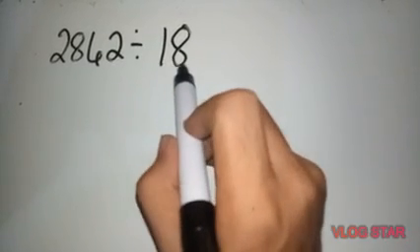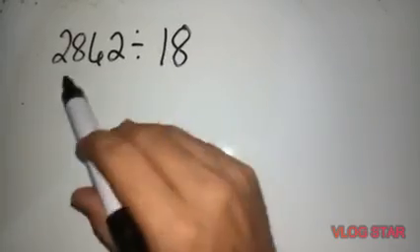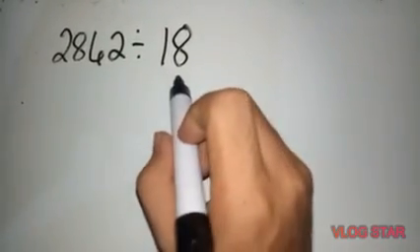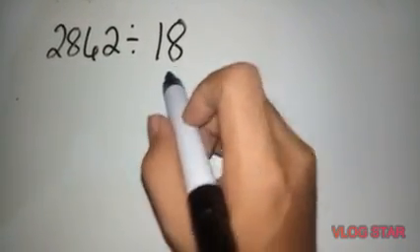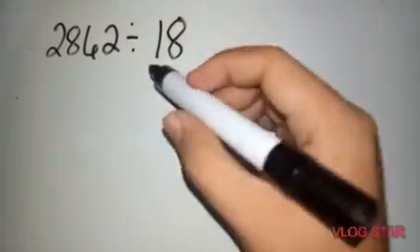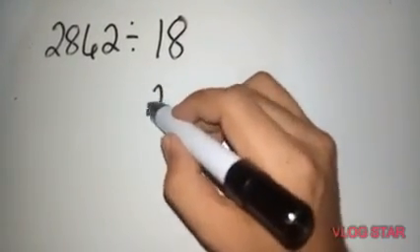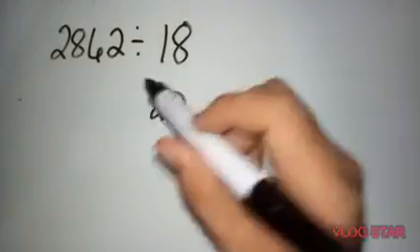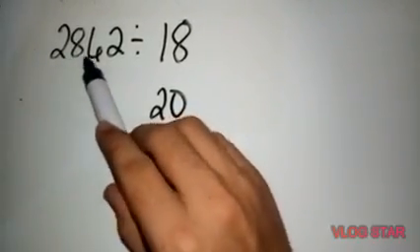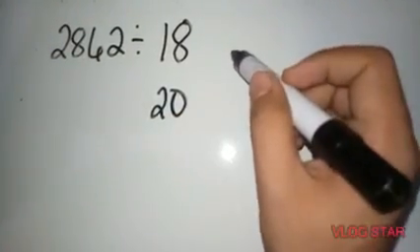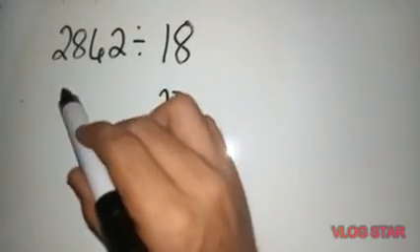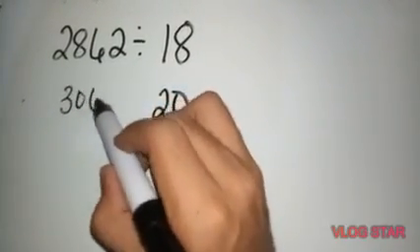2,862 divided by 18. So we need to round this one, making it easier to divide. So 18, we can round as 20, and 2,862 we can round as 3,000.